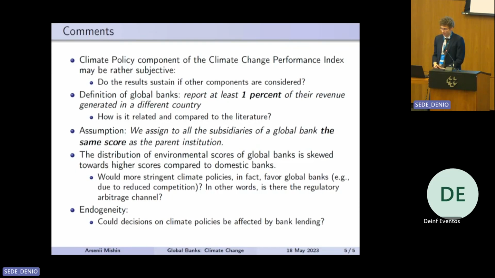The fourth comment is about the distribution of e-scores of global banks. It is skewed towards higher scores compared to domestic banks. And this is not just a comment, but maybe a point for discussion. Would it indicate that climate policies, in fact, favor global banks because of a channel related to less competition, right?